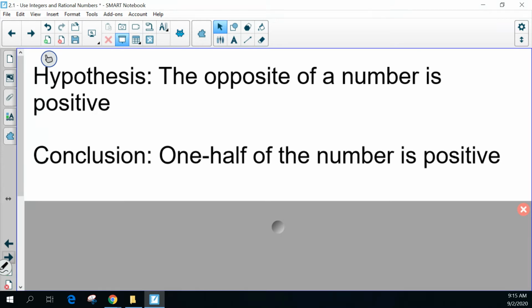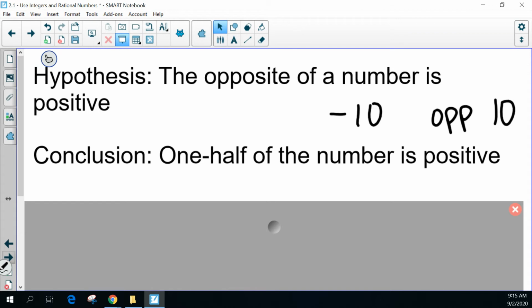So does that work? Can I choose 10? No. So what number could I choose that has the opposite number positive? Negative 10. If I choose negative 10, the opposite of that is positive 10, and 1/2. So here was my number. The opposite of that is 10. So 1/2 of the number is positive. What is 1/2 of negative 10? Negative 5.